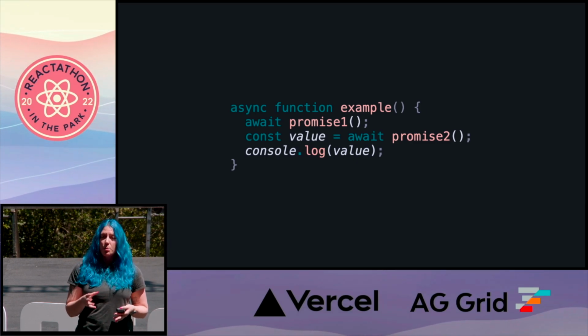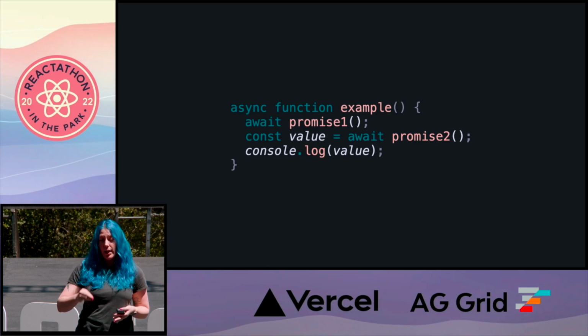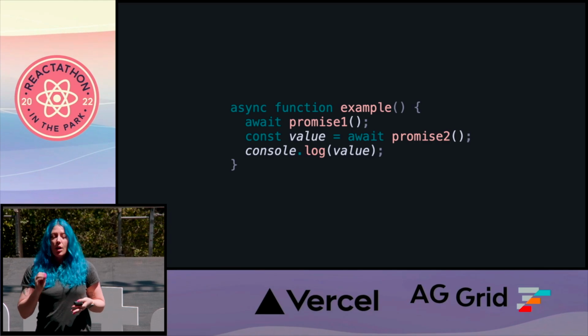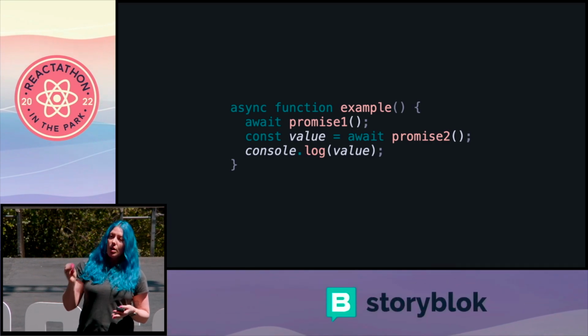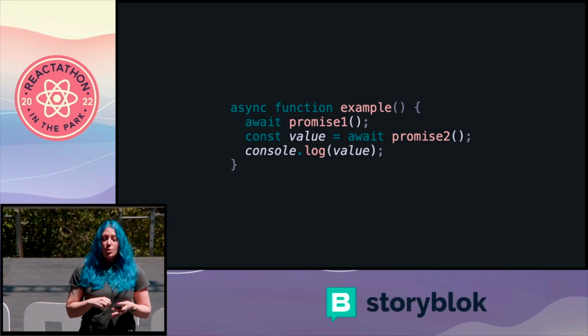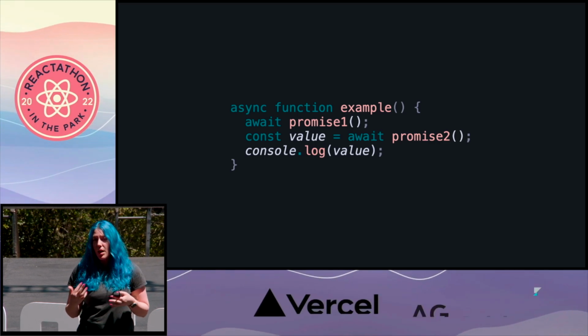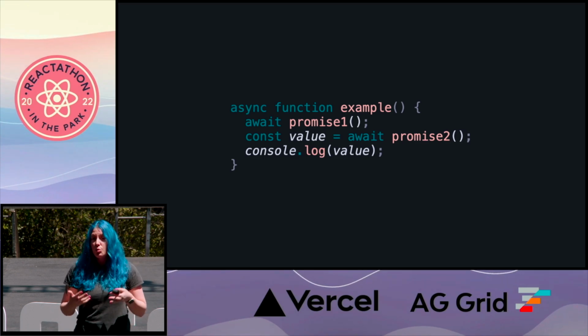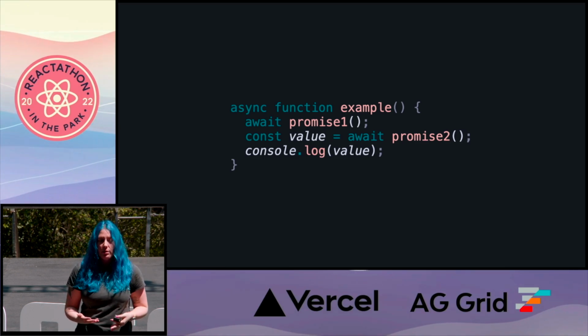Those two promises in the previous example ran in parallel, and we have modified it to block. Await blocks until the promise resolves or rejects. So this refactor might have some unintended consequences, and like might, we actually don't know. And this would be extremely hard to figure out.